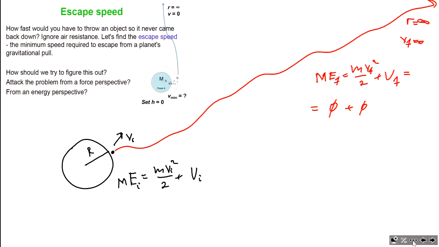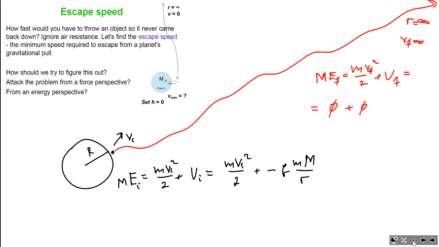This statement needs an expression for potential energy. So we have to write it down explicitly. It's negative, universal constant, the product of the masses over the distance from the satellite to the center of the planet.